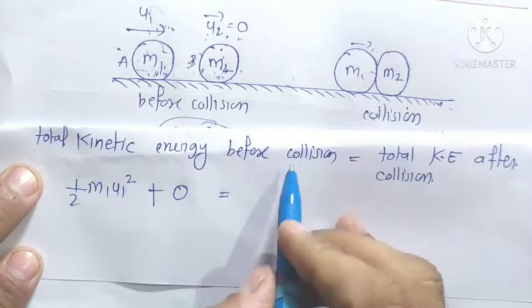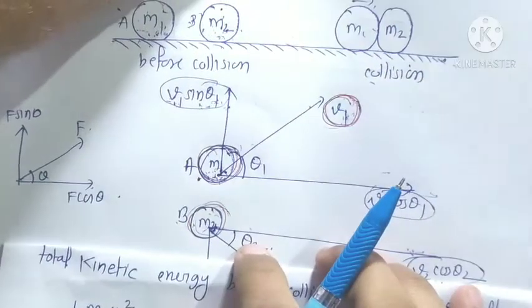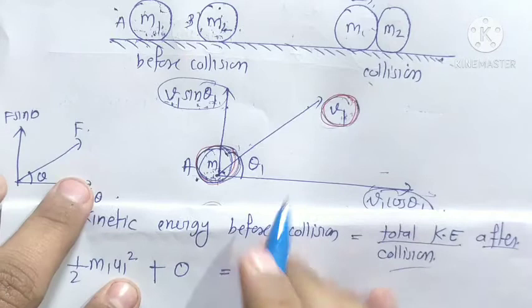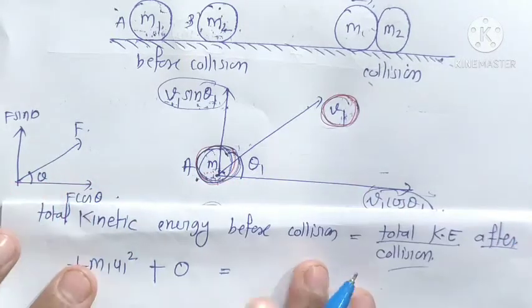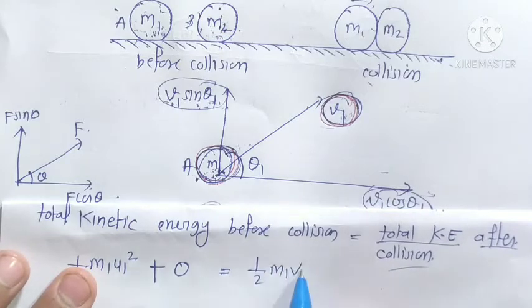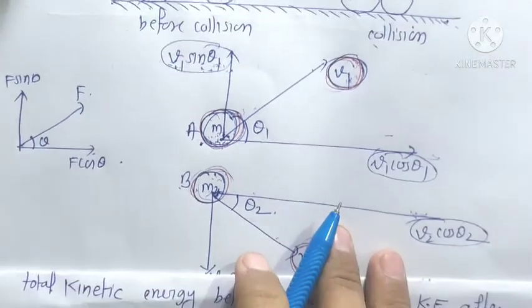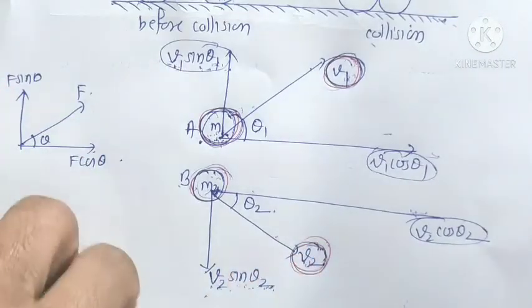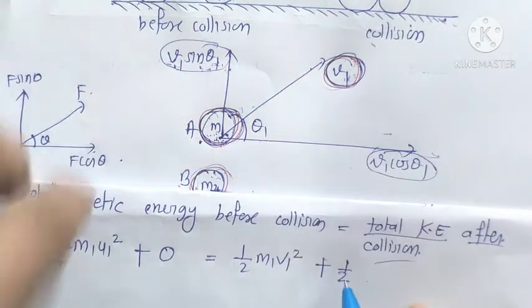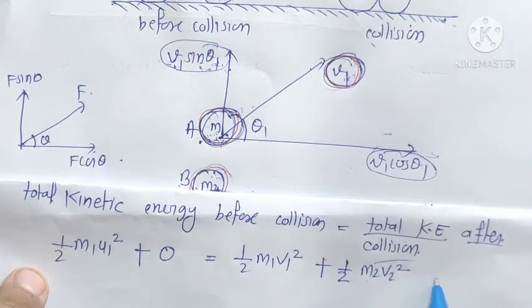This equals the total kinetic energy after collision: the first body moves with velocity v1, so half m1 v1 square, and the second body moves with velocity v2, so its kinetic energy is half m2 v2 square.